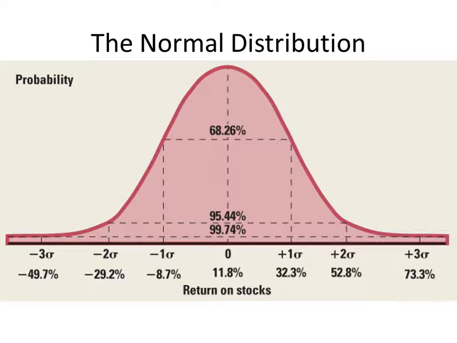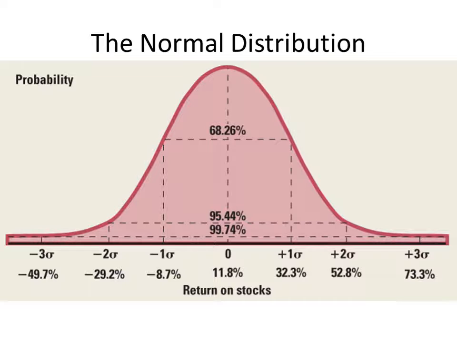Well, we can take 32.3 and subtract 11.8, and we come up with 20.5. Now that means I should be able to take 11.8, subtract 20.5, and get negative 8.7 as my minus 1 standard deviation, and I do. And so it's all looking pretty good. This works as it's supposed to.